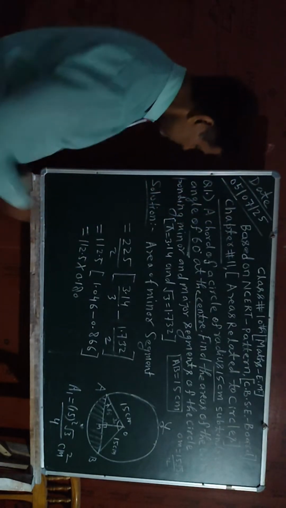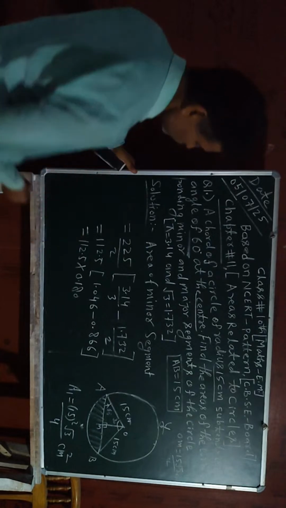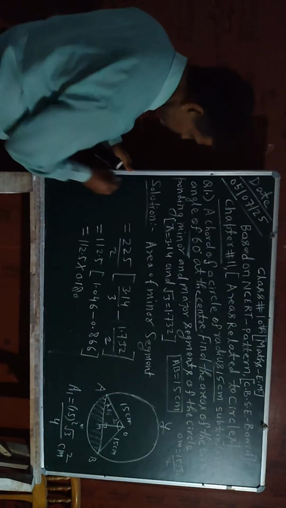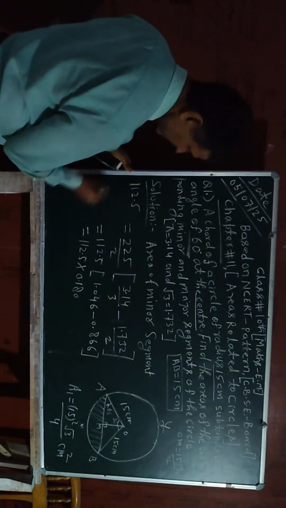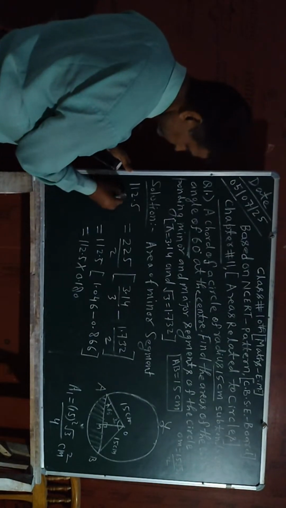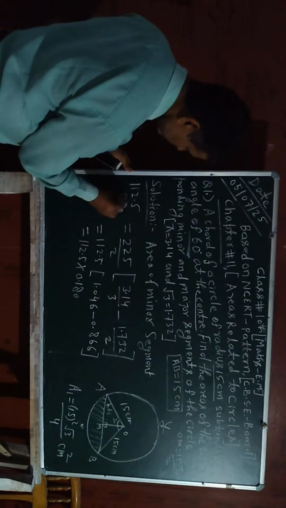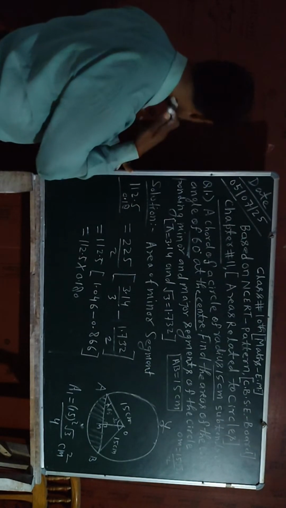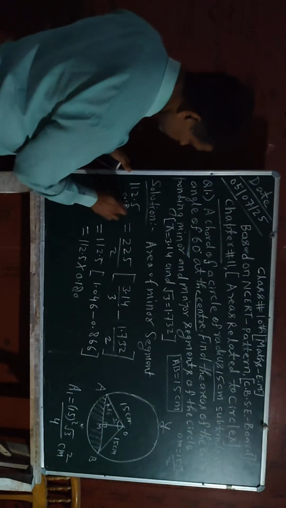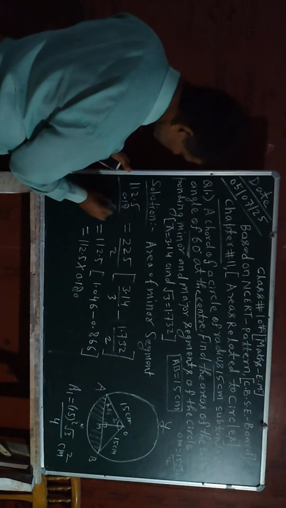Okay, further I am going to multiply its value 112.5, and I will multiply with 0.118. So I will multiply it. So here I will say 8 5 are 40.